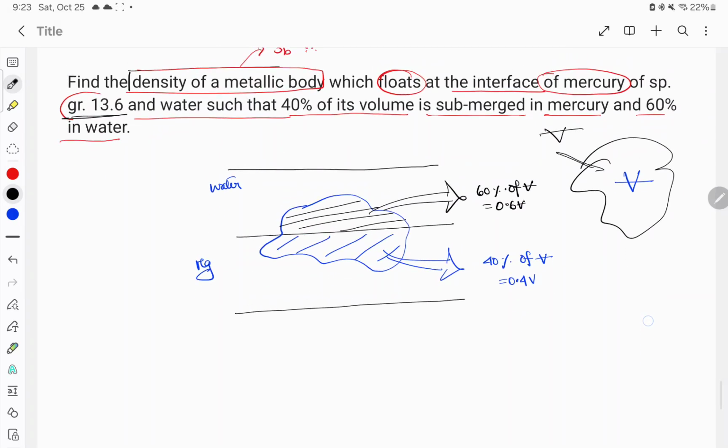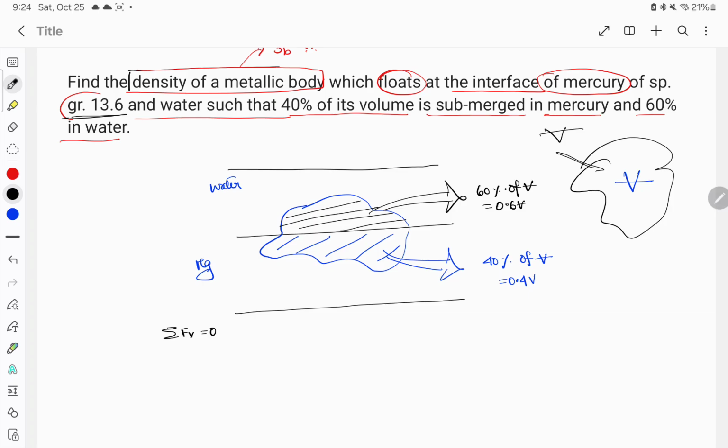Now we need to find the density of the body. Again, if it's floating, the total vertical force on the body will be equal to 0. So first of all we need to draw the free body diagram.